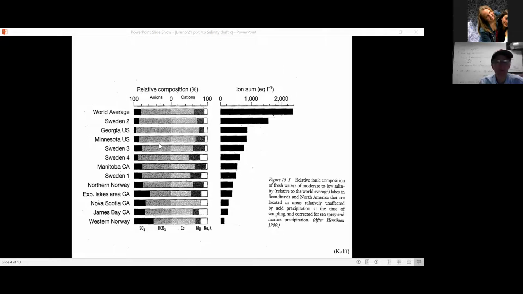Good work, people. So we're looking at Minnesota lakes and we're seeing that the dominant anion is bicarbonate. And this doesn't have the little pluses and minuses on it, but bicarbonate has a single negative charge. And that's maybe 80%, maybe a little over 80%, maybe even 90%.